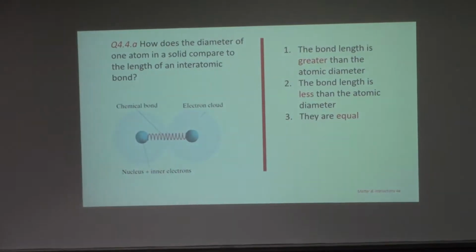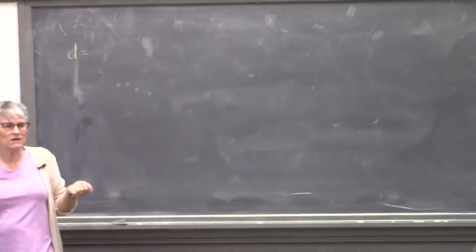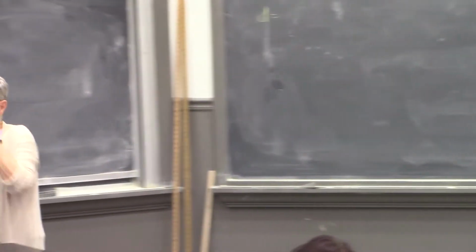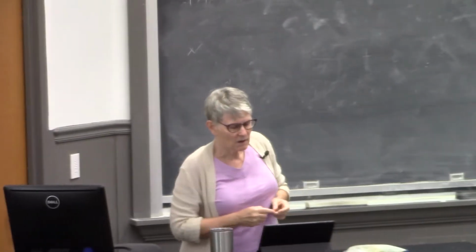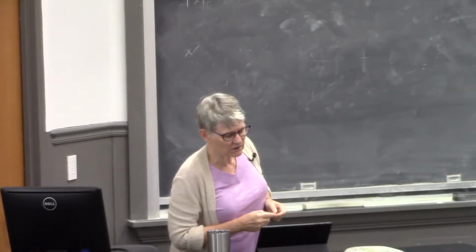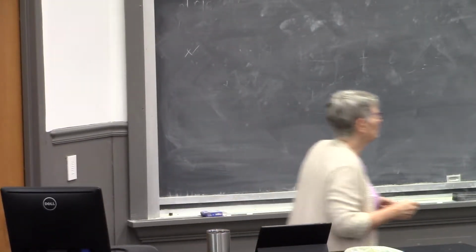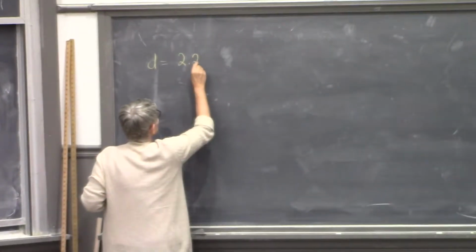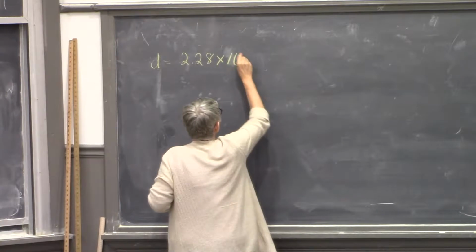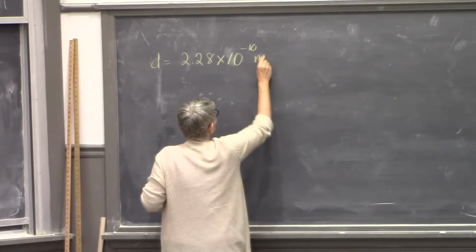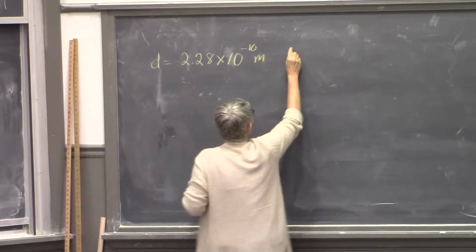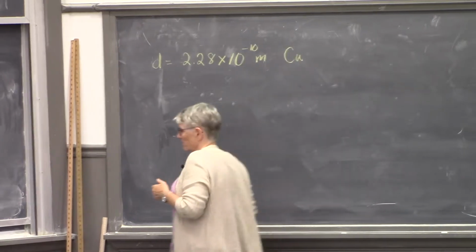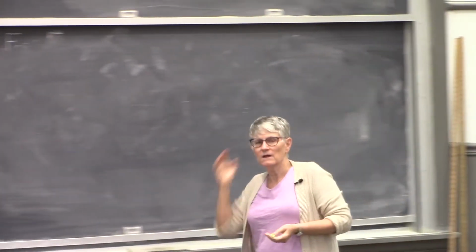And we found that for copper, based on the density of copper and the molecular weight of copper, we actually calculated that distance as being 2.28 times 10 to the minus 10 meters in a block of copper.